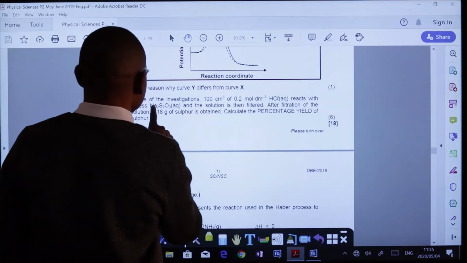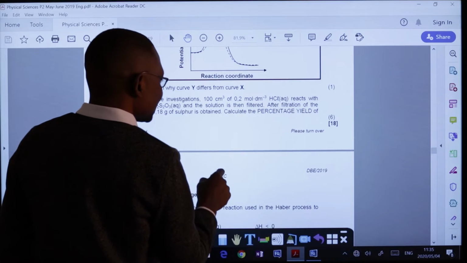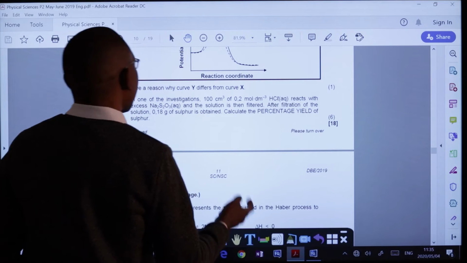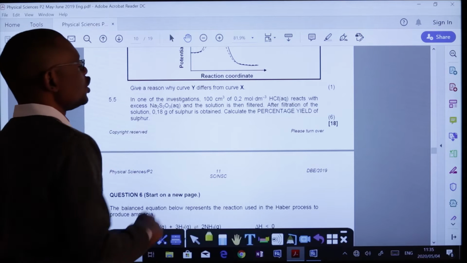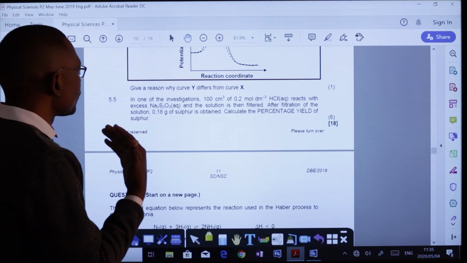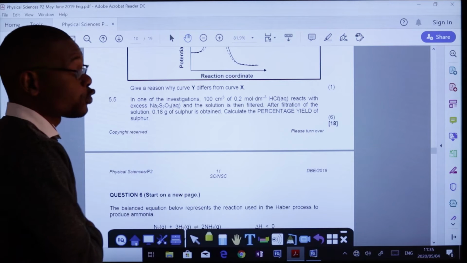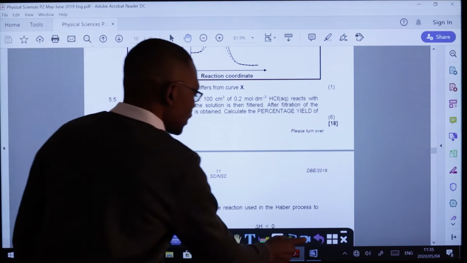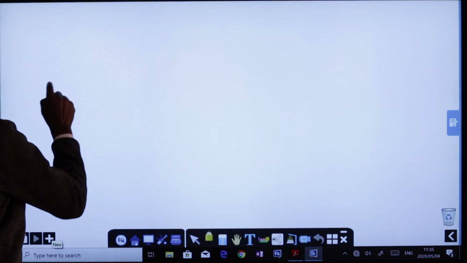So if this is 0.18 grams of sulfur, for us to determine the percentage yield, we need to find out how much sulfur was there initially, and then we can relate it. So we are saying the relative molecular mass of sodium thiosulfate. Let's calculate it together, boys and girls. The relative molecular mass of sodium thiosulfate.